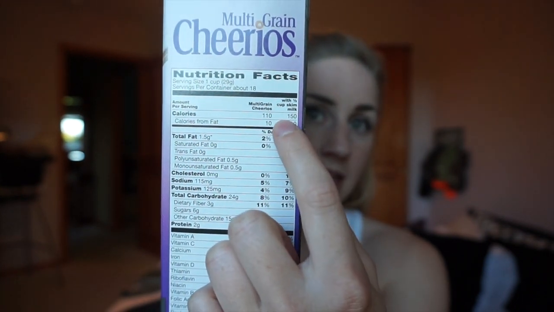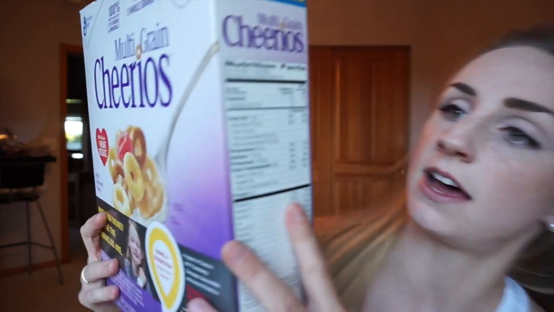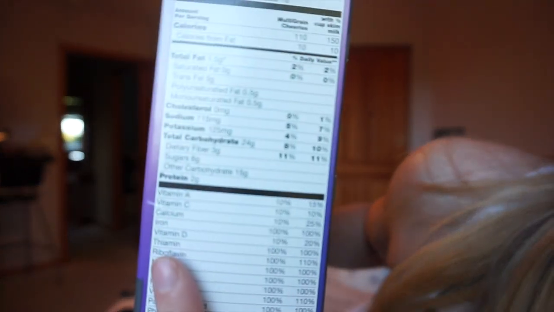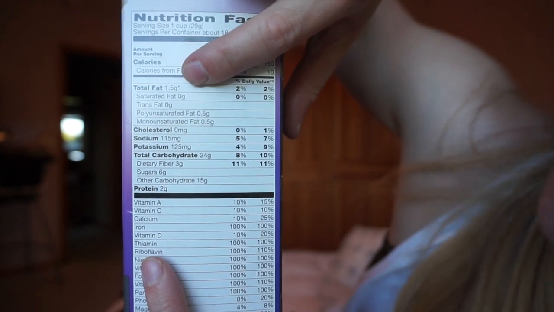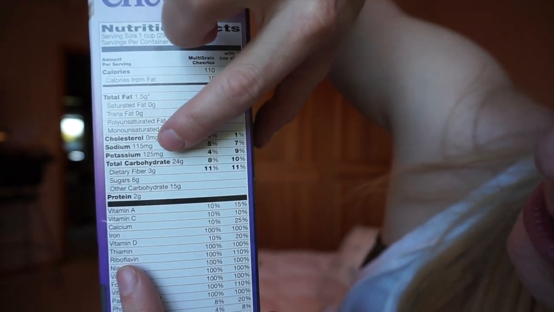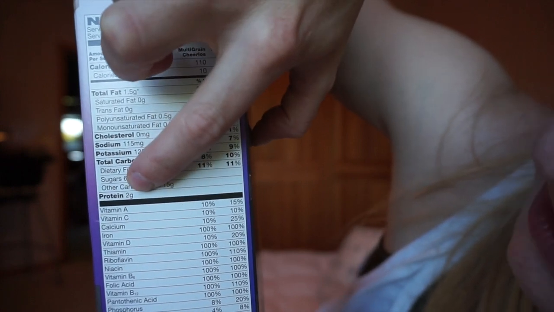Up here's the serving size. In 29 grams of this cereal, so I weighed out 29 grams of it. That's its weight. When I weigh out 29 grams of this cereal, can you see that? It has about 1.5 grams of fat, 24 grams of carbs, and 2 grams of protein.